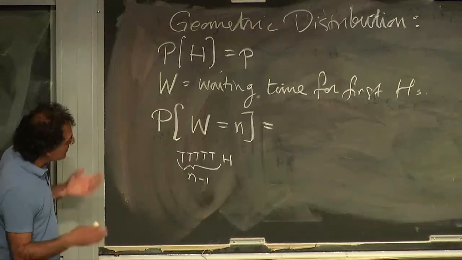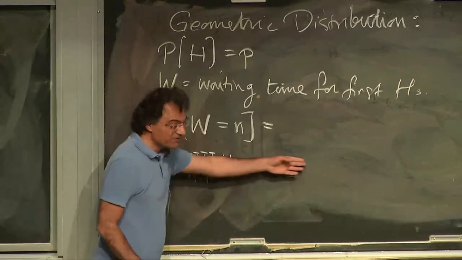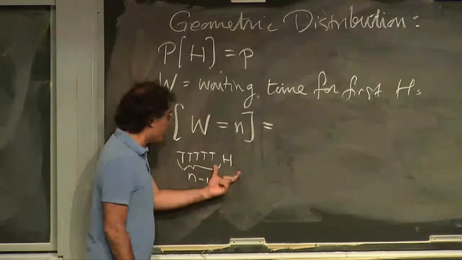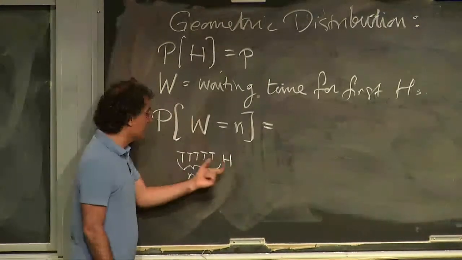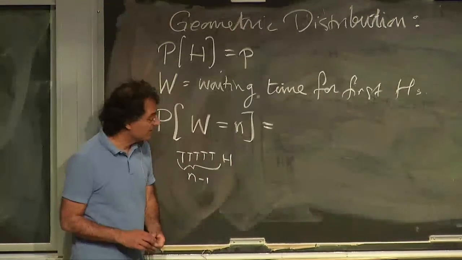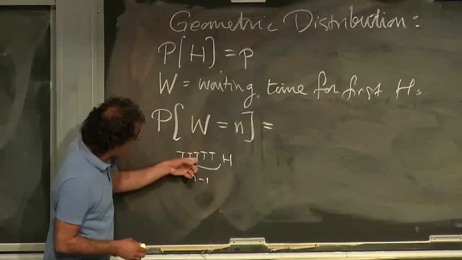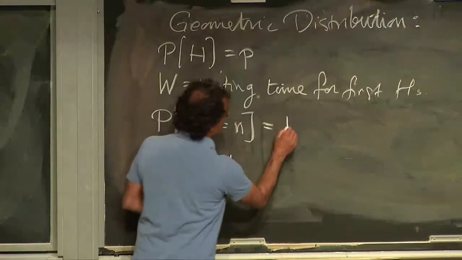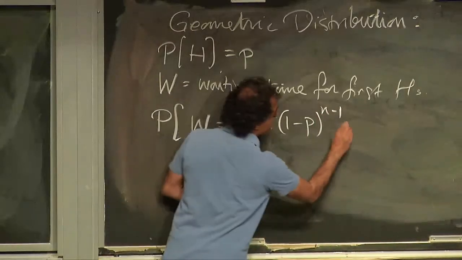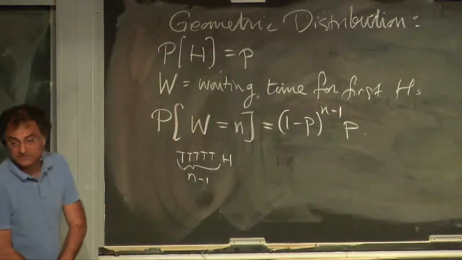Okay, maybe there are many, many sample points, if you keep flipping the coin, because now you can have anything you want after that. But if you only flip it n times, this was your heads, that's the only possibility that's consistent with it. Now, what's the probability? You must get tails n minus 1 times, so 1 minus p to the n minus 1. You must get a heads after that, p.